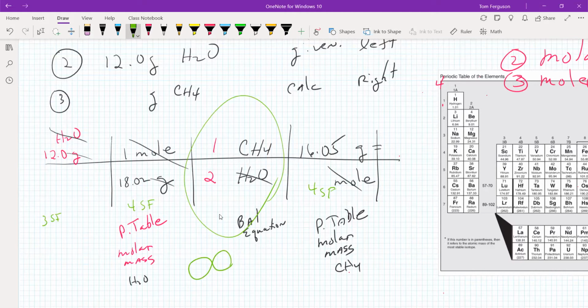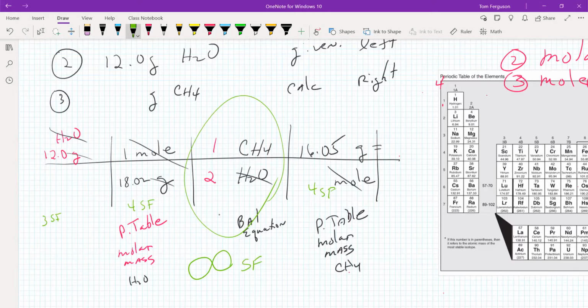By definition, every 1 molecule of methane will react with 2 molecules of water. Not 1.1, not 1.00001, but exactly 1 to 2. So that means that it has infinite significant figures. That means it doesn't come into play when we're calculating the significant figures. Does that make sense? Yes, thank you. Okay.